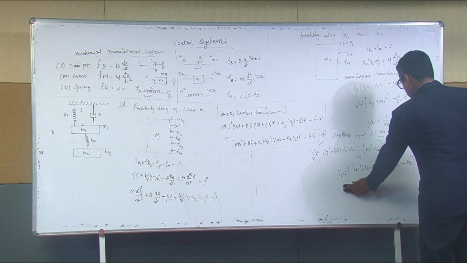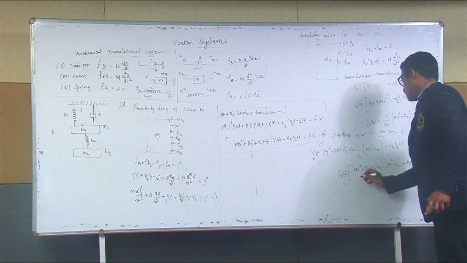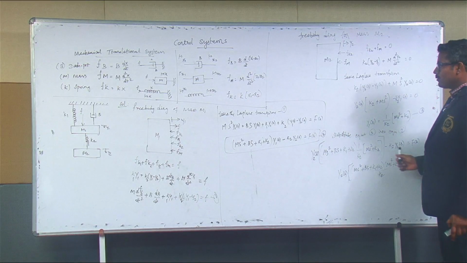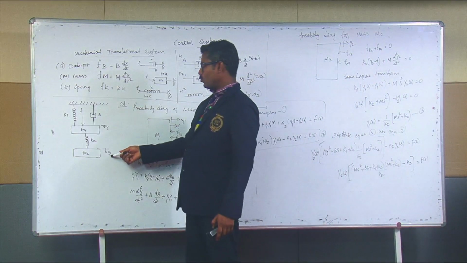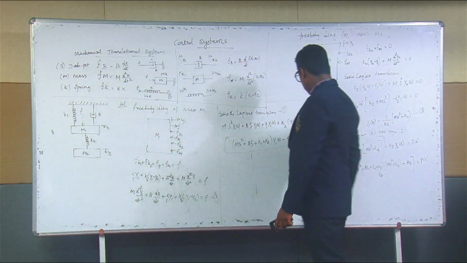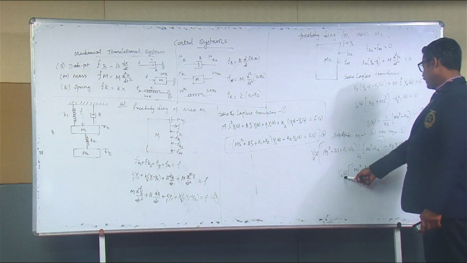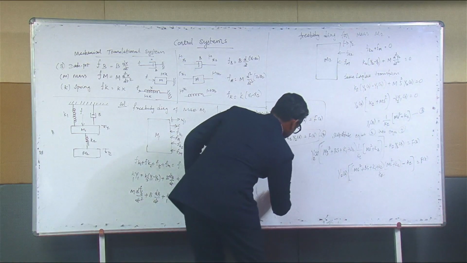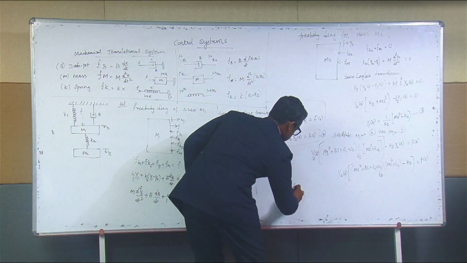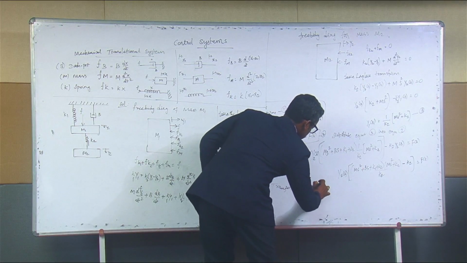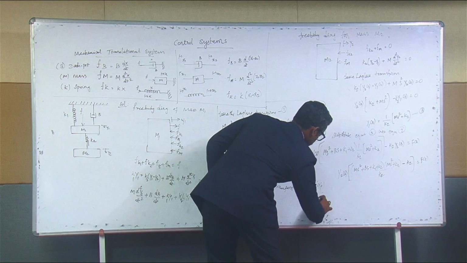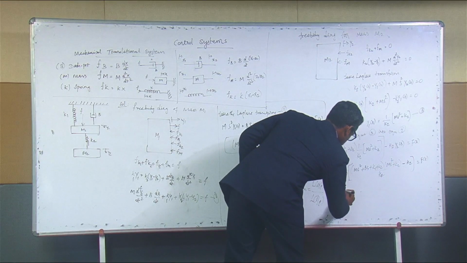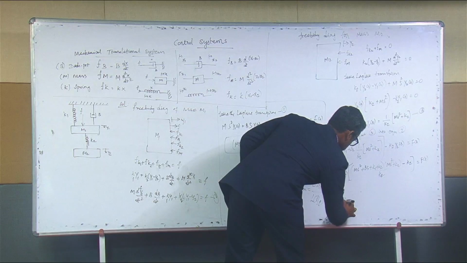So if you rearrange the equation, the transfer function is the Laplace transform of output to the Laplace transform of input. Here the output is displacement y2 and the input is f, so we have to derive y2 divided by f. The transfer function equals Laplace of output divided by Laplace of input, that is y2 of s divided by f of s.